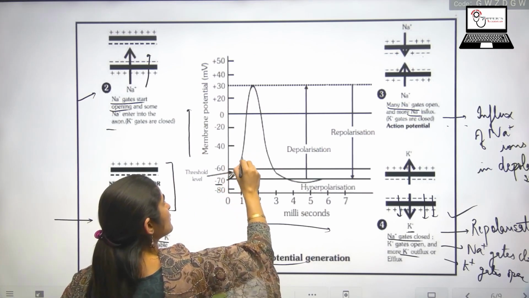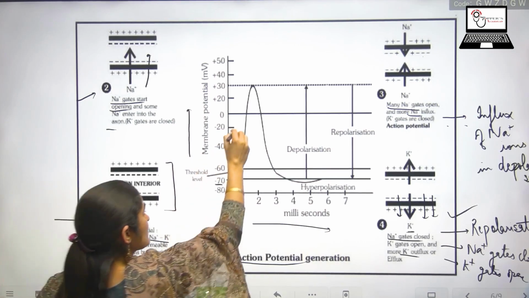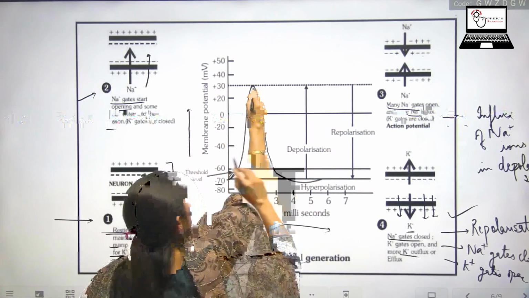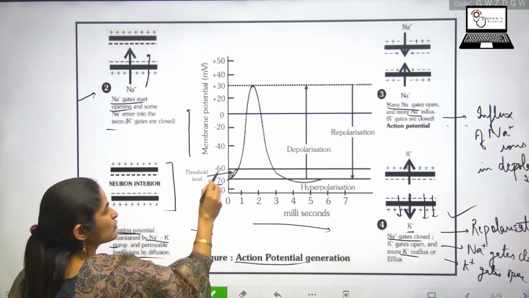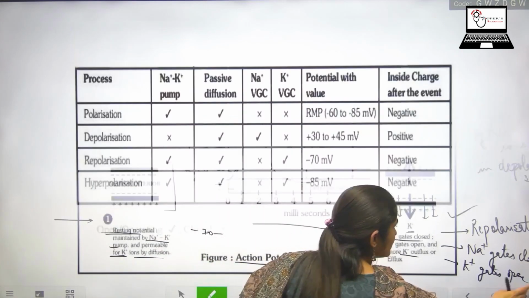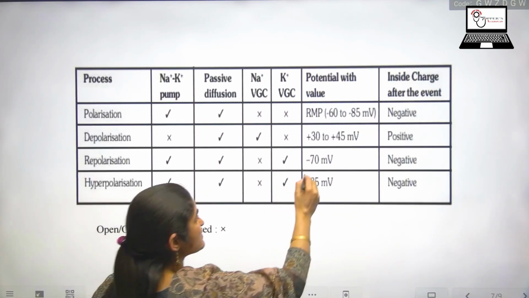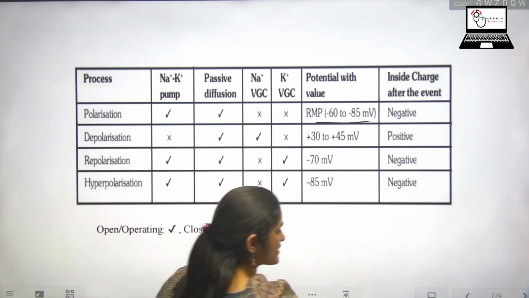When the voltage is increasing with time, then it will decrease from minus 70. You can say that, see the next slide for this, minus 60. It is the membrane resting potential.